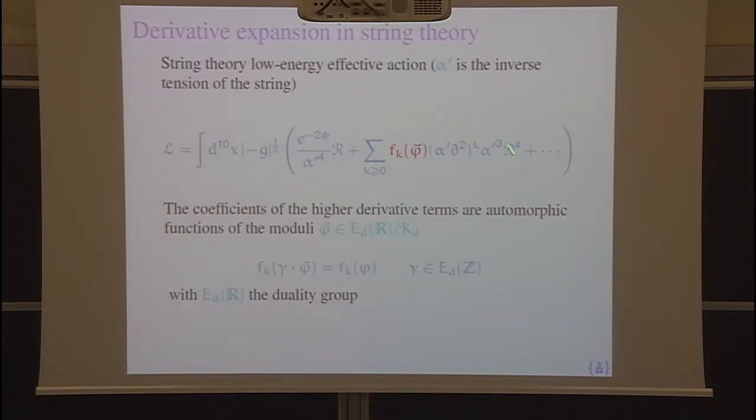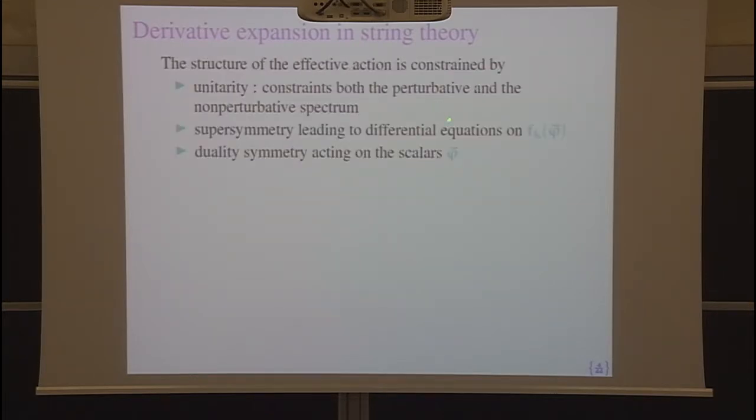But you can still nevertheless constrain the string theory effective action. These coefficients are constrained by unitarity, and this quantity contains both perturbative and non-perturbative contributions, and I will say a few words about that in a few slides.